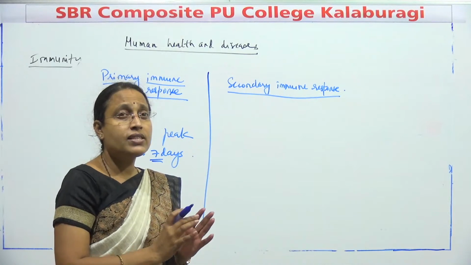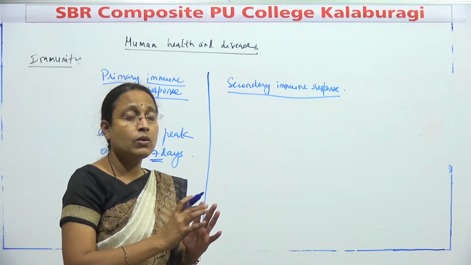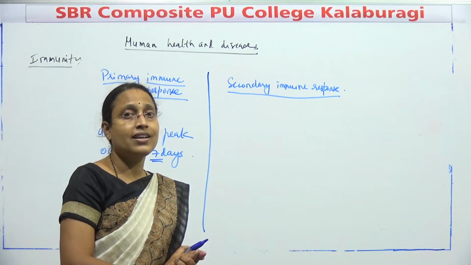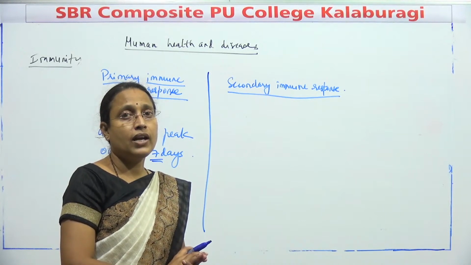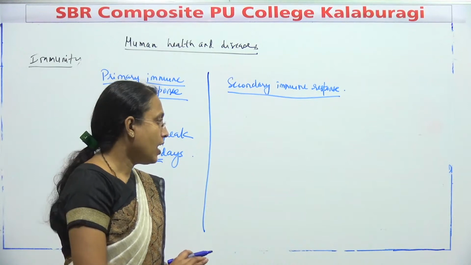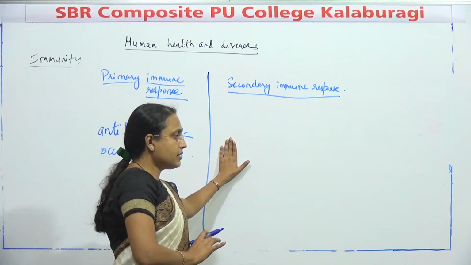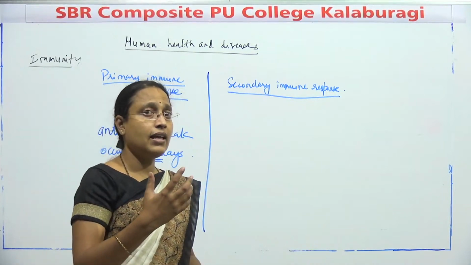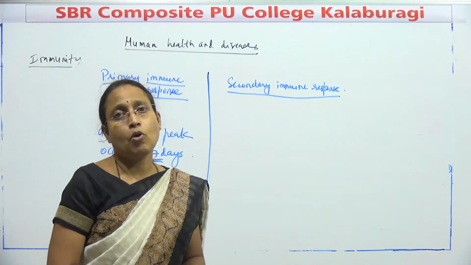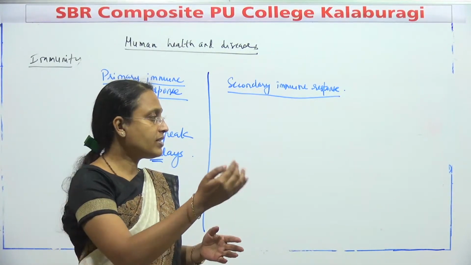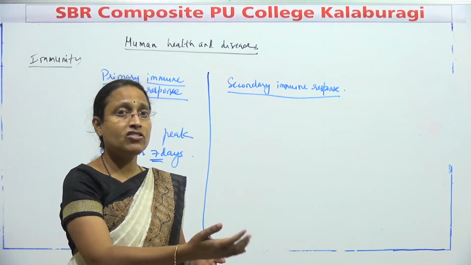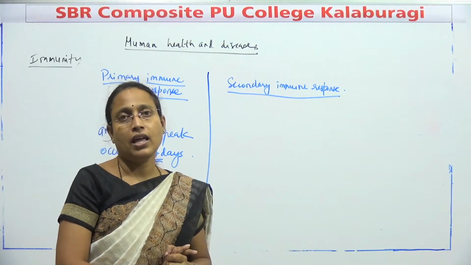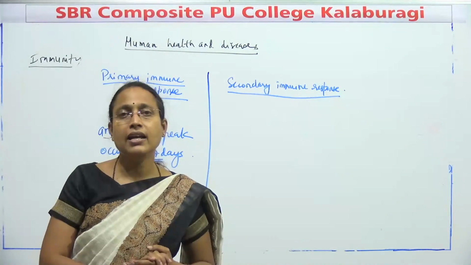So the first time entry, the immune system reacts slowly, taking about 7 days to reach the peak of antibody concentration. What about the secondary response? It will take less time because it has already recognized the pathogen. That's why we say memory response. When the same pathogen enters for the second and subsequent time, our immune system remembers it easily, with the help of memory B cells and T cells.